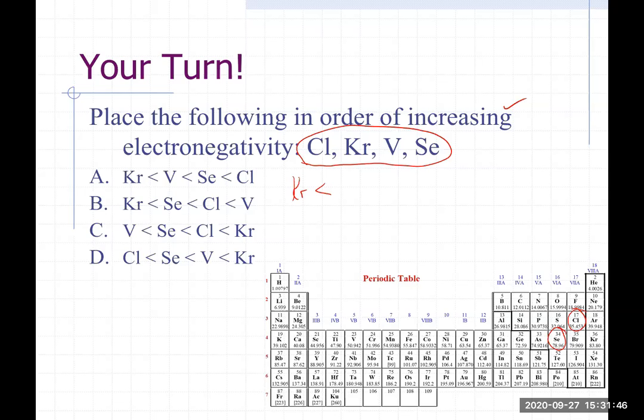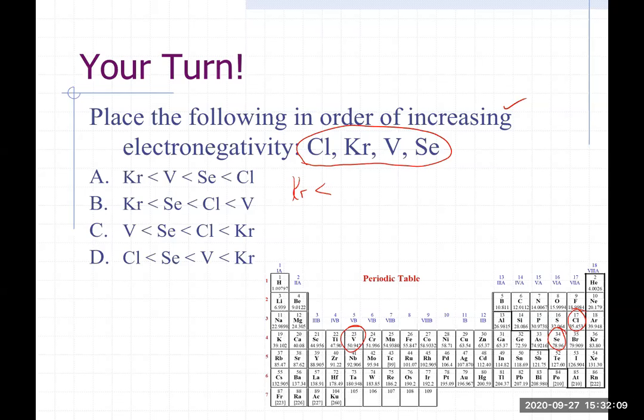So again, selenium has a lower electronegativity in both directions relative to chlorine. Now we want to look for vanadium, and vanadium is pretty far over here to the left, and it's a metal. So we know that vanadium is not going to be as electronegative as either selenium or chlorine because it's a metal. It wants to give electrons up.